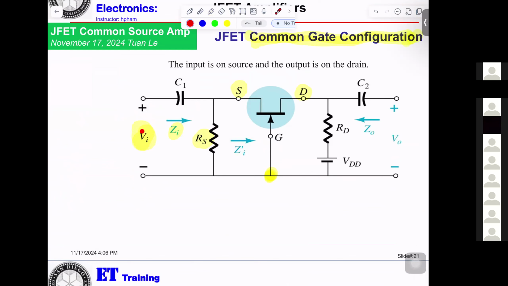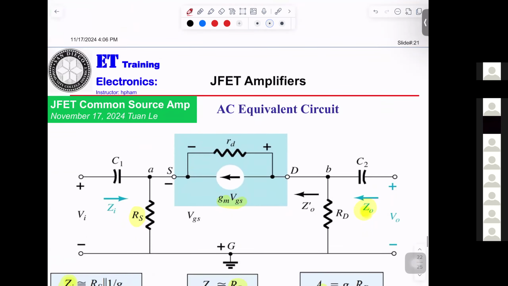Yeah, draw the sine wave for the input and output so we can see it better. It's after C1. Okay, that's the input signal coming to the source. Now draw the output one. Output here. Okay. They will be in the same phase. There we go. That's what I was looking for. Okay, thank you. Good job.